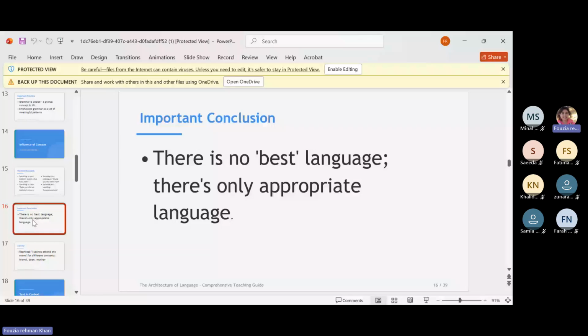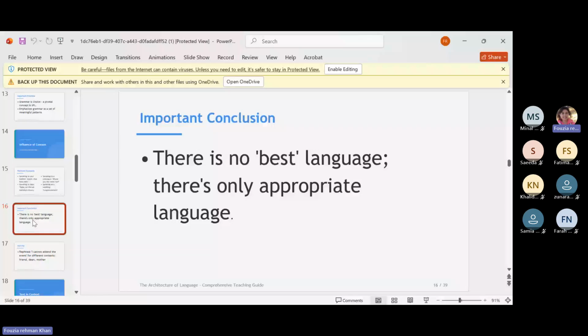My message is not getting across. So I'm not using appropriate language in terms of the level of class that I'm teaching. The language needs to be appropriate rather than being correct or difficult. It should serve the purpose basically.